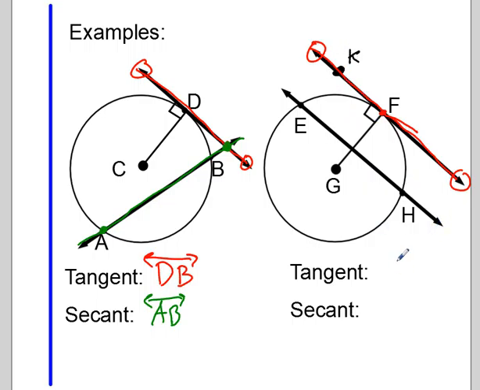It has arrows, so this is a line KF. Will a tangent always be a line? Not necessarily, but make sure you look at the picture to know specifically what it is and how to name it. My secant touches at E and then touches at H. So this secant is going to be called secant EH.